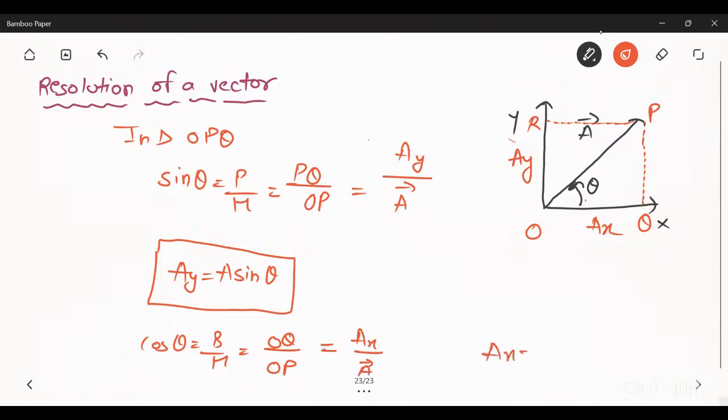So AX is equal to A cos theta. So that was the resolution of a vector. It means the side along theta is represented by A cos theta, and the side which is perpendicular, or not with the theta, can be represented by A sin theta.